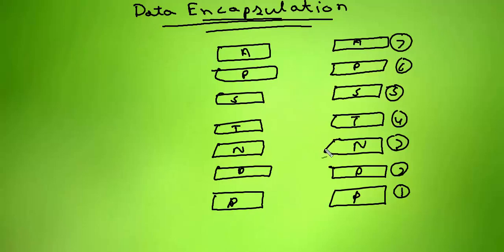Whenever data encapsulation happens, it will only communicate with its peer layer on the destination device. So the physical layer communicates with the physical layer, the data link layer with the data link layer, network to network, transport to transport.